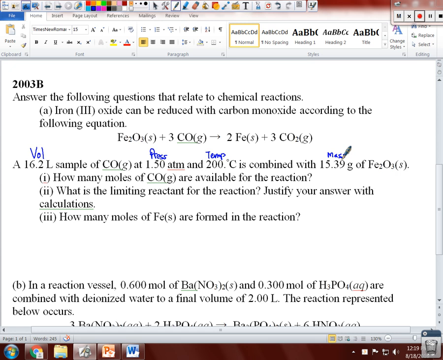Now, I'm going to just throw this at you, and let's see where it lands. If you don't know, we're cool. That's fine. Did they give you starting amounts for both reactants? They gave you something for CO, and they gave you something for Fe2O3. Is that both reactants? Potentially, I'm not telling you we're going to have to do this. Potentially, what could you might have to solve for? The limiting reactant. Keep that in the back of your mind. I'm not telling you we are, just telling you there's a potential.